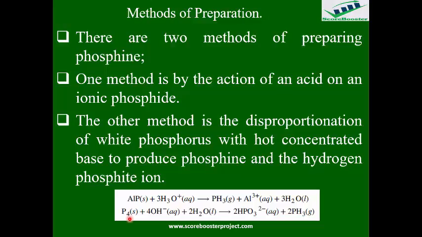So in this case, when you have white phosphorus reacting with concentrated base, this is the base, and this is water that is used to dissolve them. When you have this reaction, phosphine is produced. So these 2 general methods are the methods used to produce phosphine.